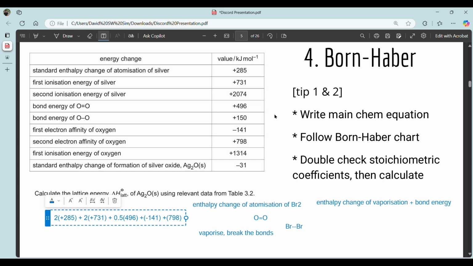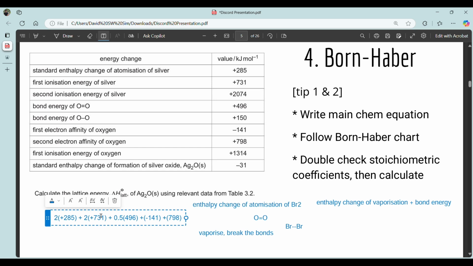Okay, so just to digress a little. One thing I noticed is that some people, for the first electron affinity of plus negative 141, just write minus 141. Now, this is not wrong. It's not wrong to do this, but the problem is that it can be confusing, and you can make careless mistakes.